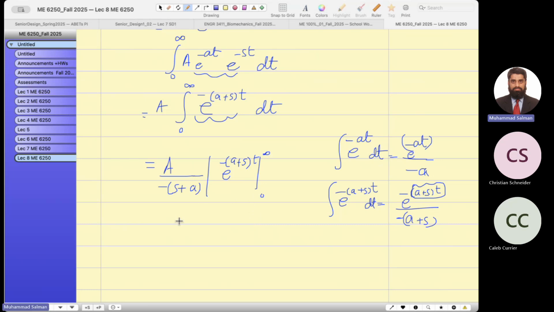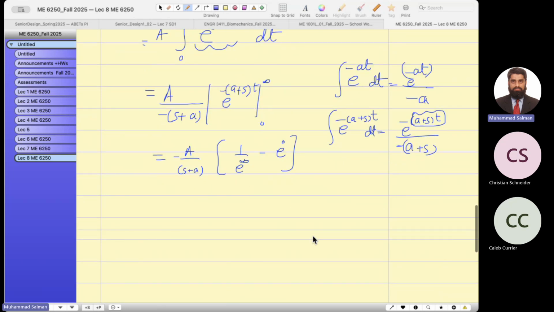What is this? If you plug in negative a s plus a, if you plug in infinity, can I write down like this? Correct? What is 1 over infinity? 0. So this goes to 0, this goes to 1.